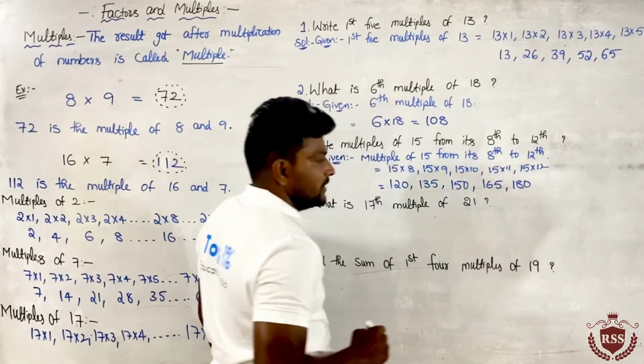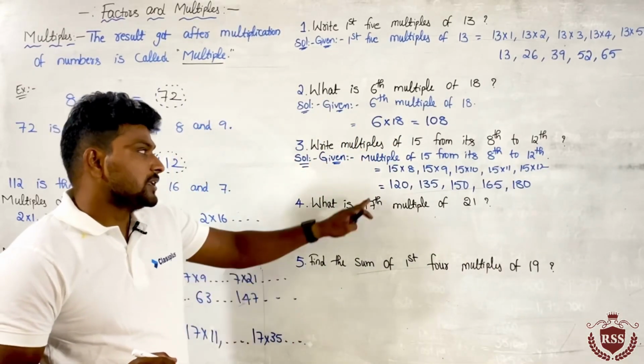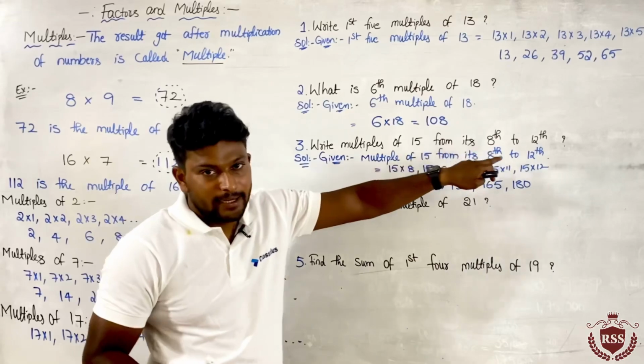So those are the multiples of 15 from its 8th to 12th.